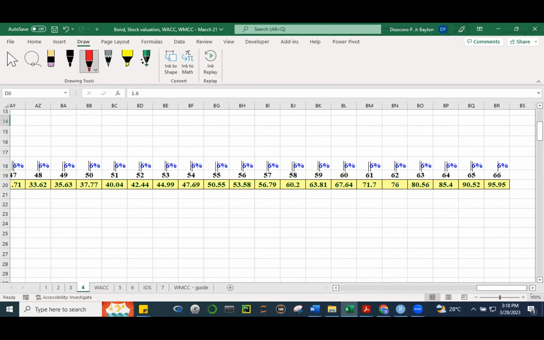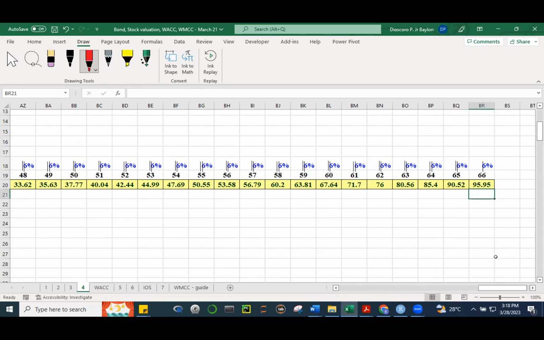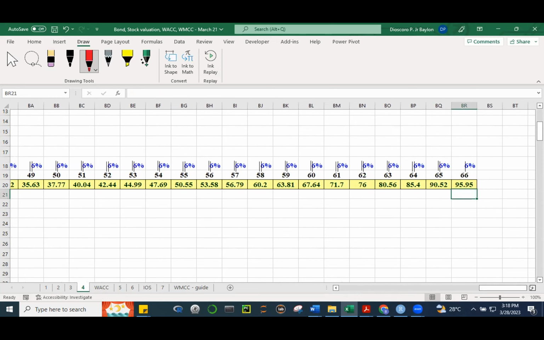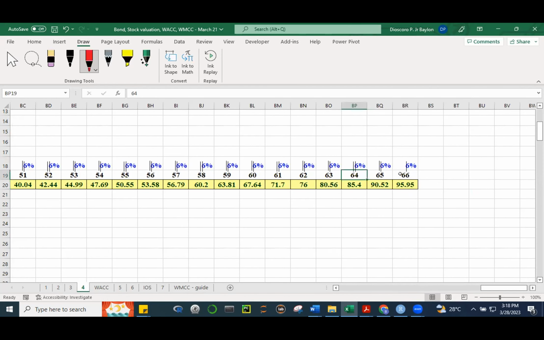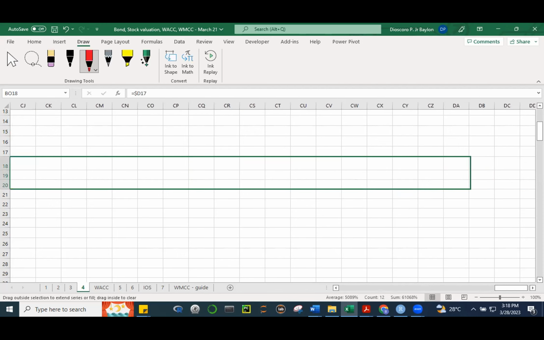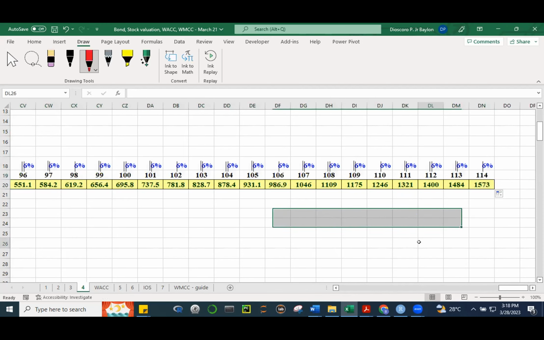Okay, if I compute for the present value of this, let me dramatize the point more. So I'm going to copy this. If we reach up to year 114, you can see that the constant growth rate of 6% will give us a relatively high dividend.